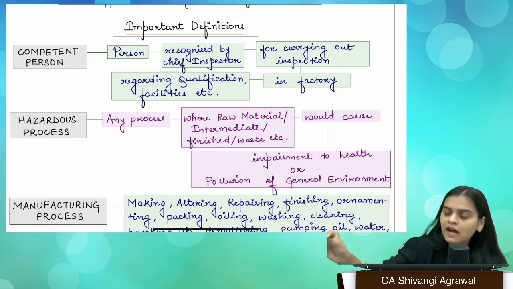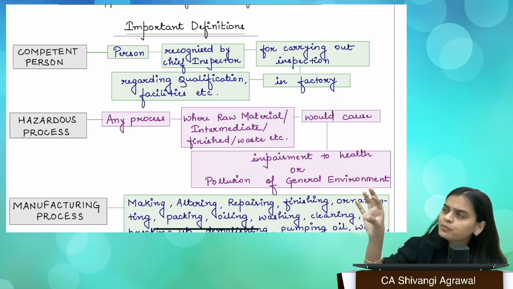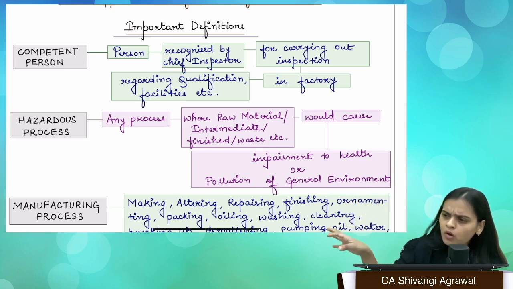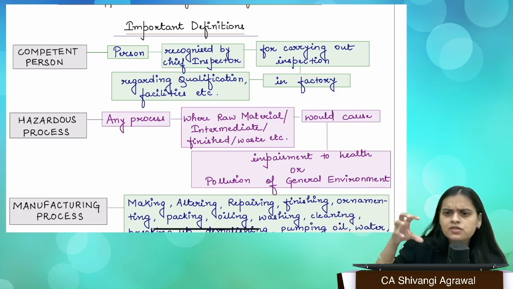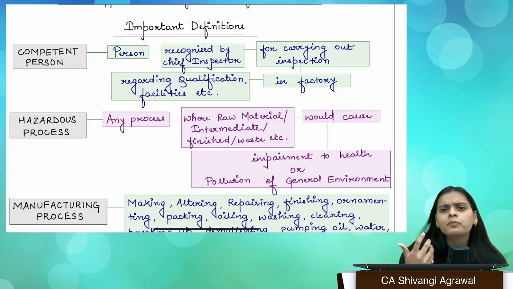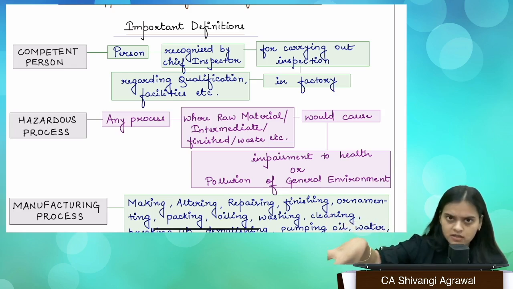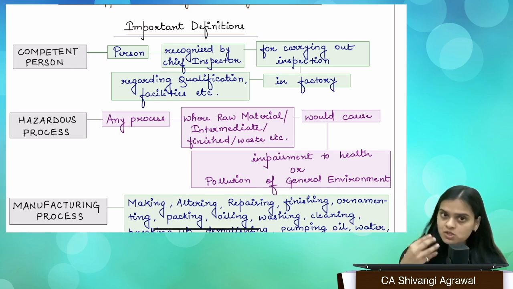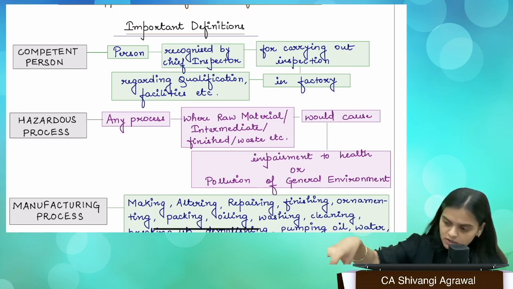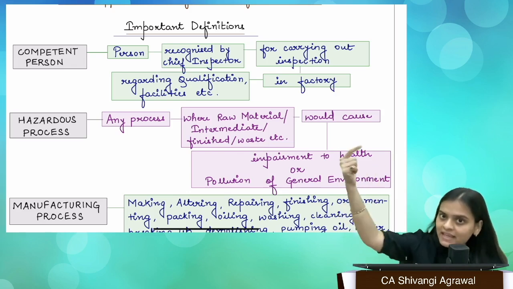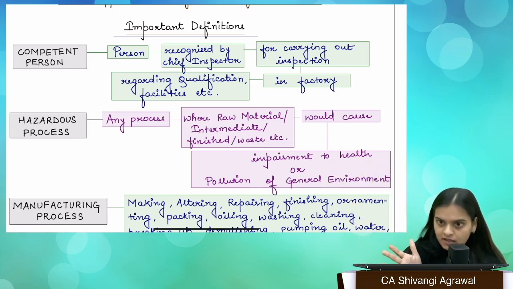Supposedly there is a factory, we need to check: is the building appropriate or not? Is it going to be demolished? Are the conditions okay? So we need to have a lot of competent persons who can carry out inspection. Fine. So the chief inspector has the duty to do that. The chief inspector appoints or recognizes a lot of people as competent persons for carrying out inspection in the factory.